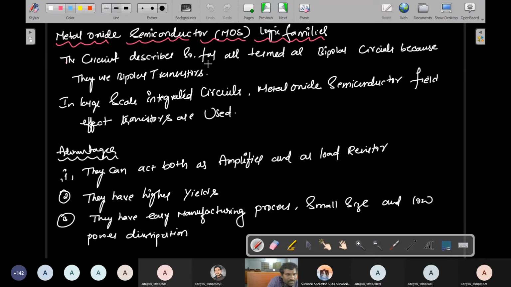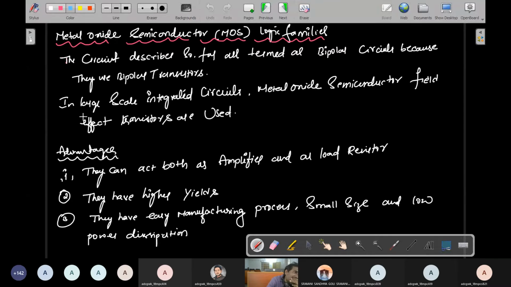ECL is the medium integrated circuit. The remaining TTL, RTL, DTL logic families simply use bipolar transistors, so that is the reason they are described so easily.